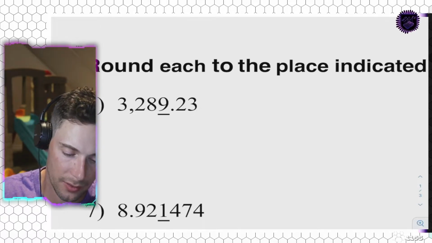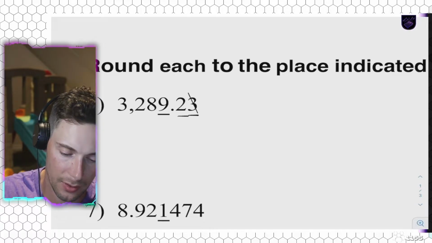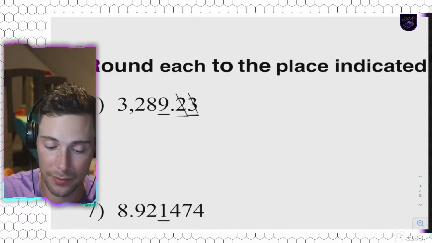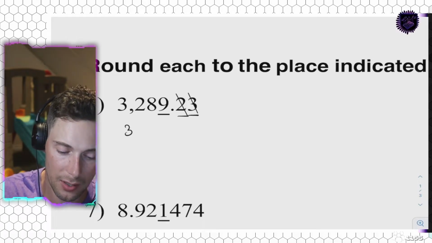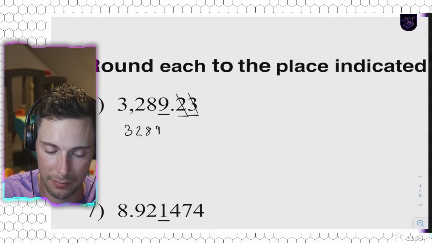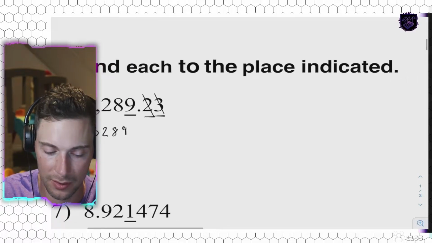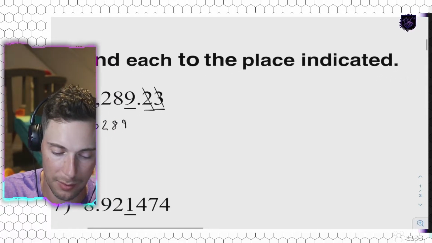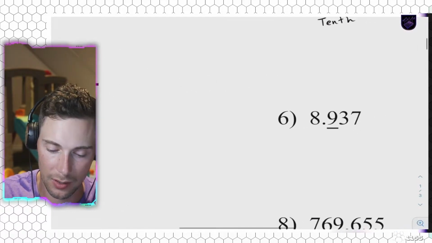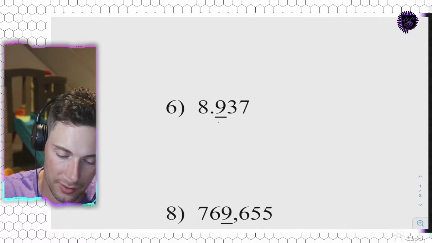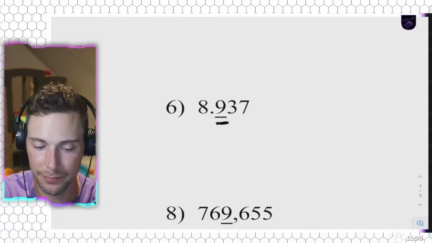So for this one, we have 3 and a 2. So this would round down, and this would round down. Basically, they'd disappear. So we'd be left with 3,289. That would be the most close rounded decimal to that place value. Question number 6, we're rounding to the tenths value here.